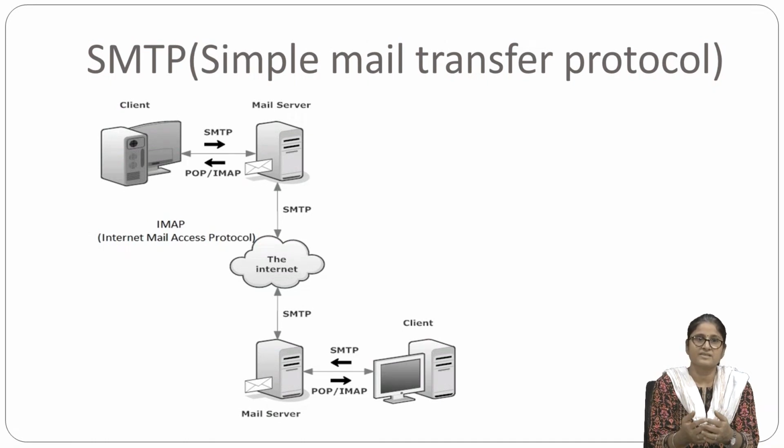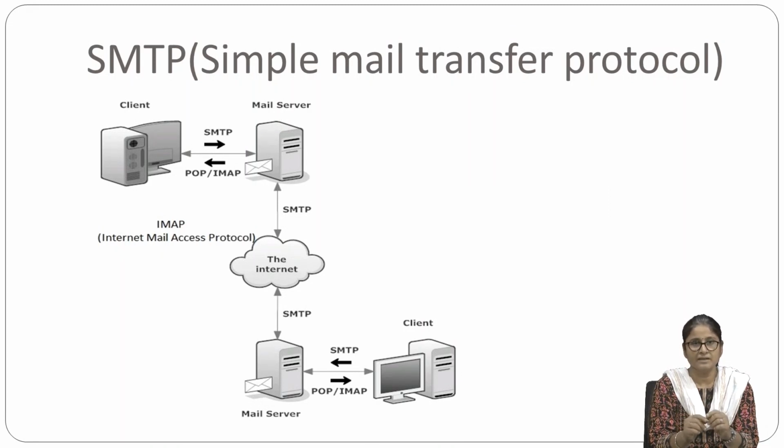In this figure, you can see the client is connected with the mail server. The client can send the mail and can receive the mail using the SMTP server, right. So there are two clients, client 1 and client 2.